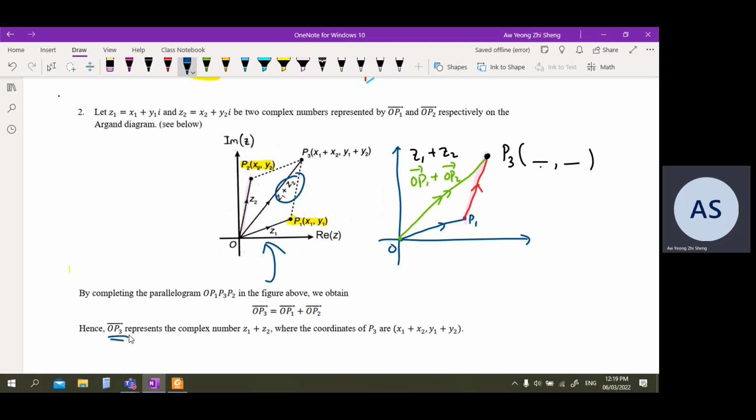And so OP3, the vector OP3 would represent the complex number Z1 plus Z2. And to figure out what Z1 plus Z2 is in the form a plus bi, you just need to read the x and y coordinate of the point P3 to be taken as a real part and imaginary part respectively of the complex number Z1 plus Z2.